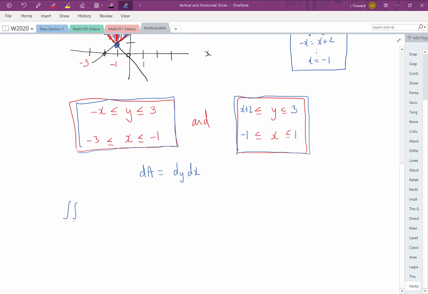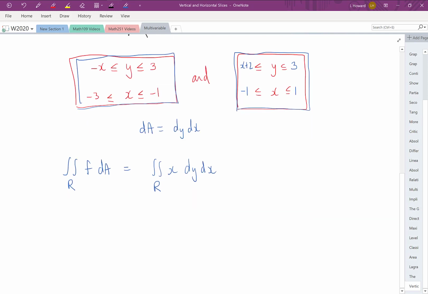So we could say double integral over R of f dA. When you write down your f, you don't necessarily have to write f of x, y. You can just write f for short because it's a little cleaner. We can say that's the double integral over R of, well, we're told in the question that our function f is just x, so we sub that in. And because we're doing vertical slices, we write dy dx in that order.